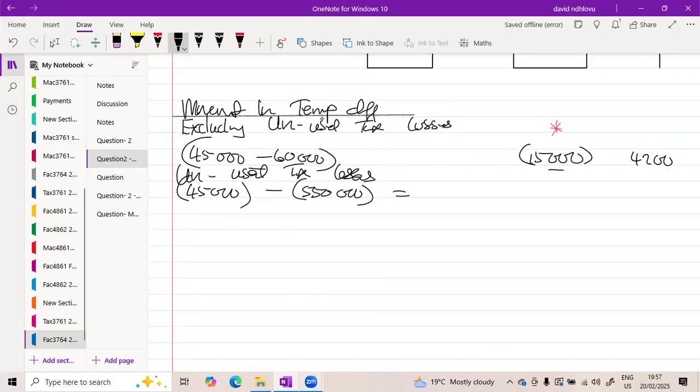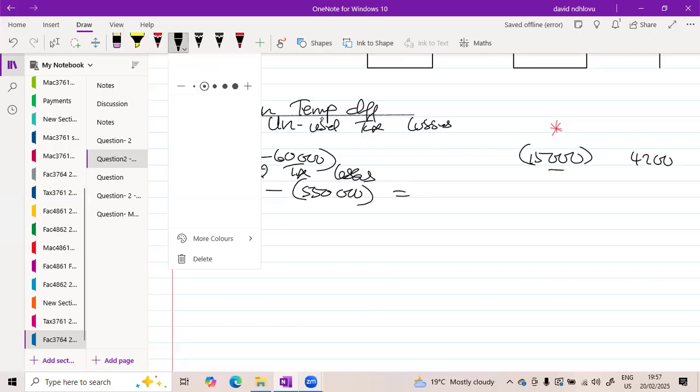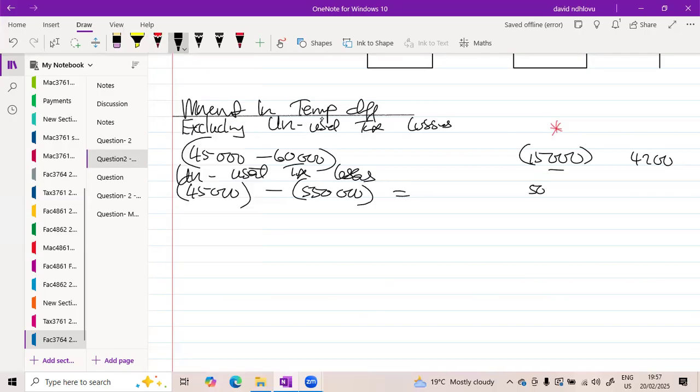So if you say 45,000 negative minus 550,000 negative, you are going to get 505,000 here, which is a positive amount. Multiplied by 0.28, you are going to get 141,400, which is going to be a negative amount.